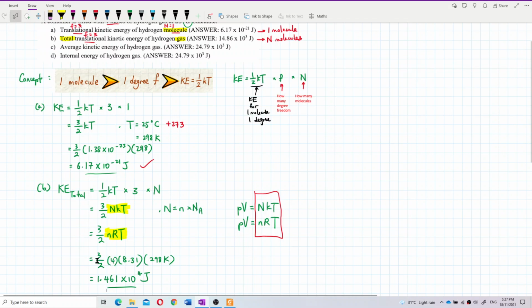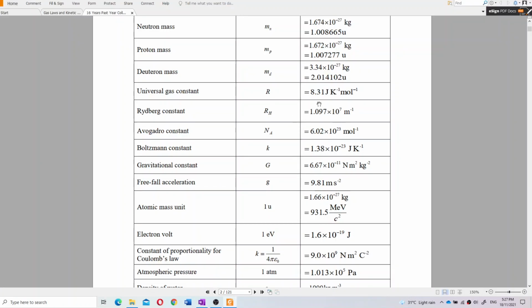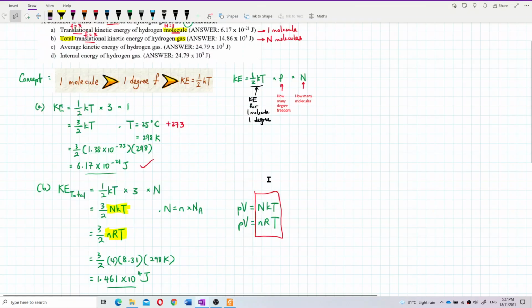The answer scheme says 1.487, why a little bit different? It should be correct. What's wrong? 14.86 exponent 3, this one is 1.46, which is 14.61.